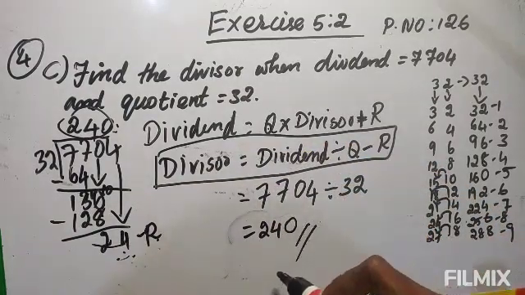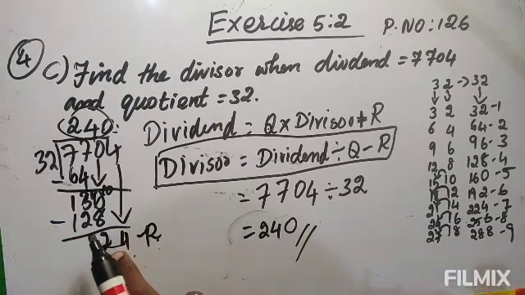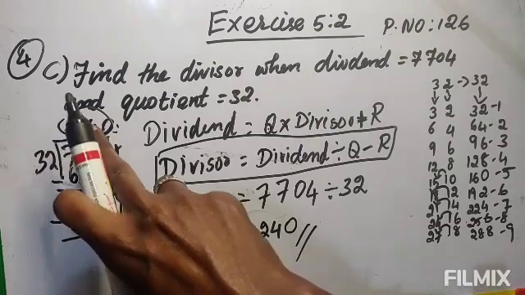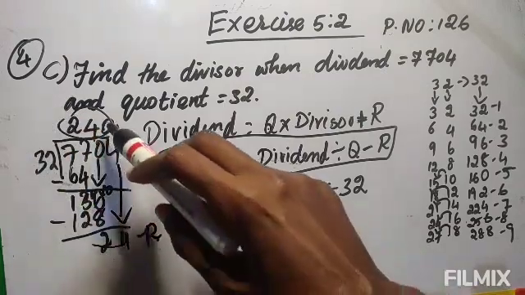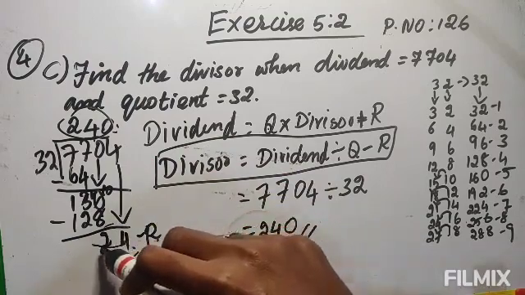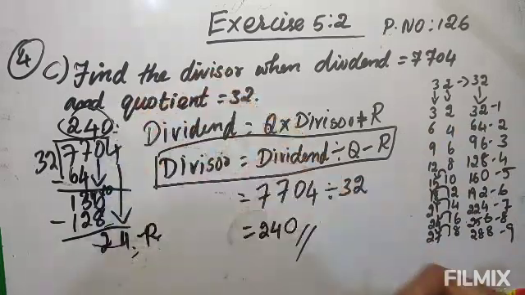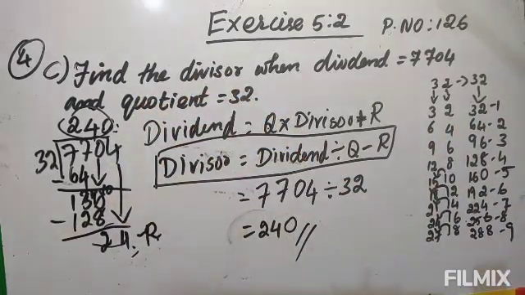This 0 is because after taking 4 we are getting 24, but this 24 is not there in the 32 table, so we cannot divide, so we are adding 0 here. So 240 is the answer.